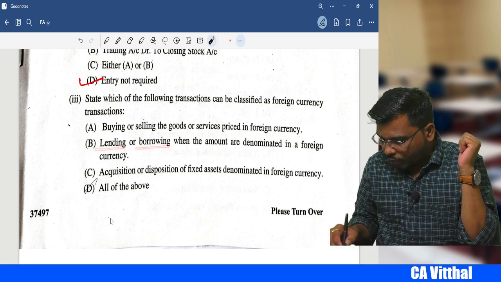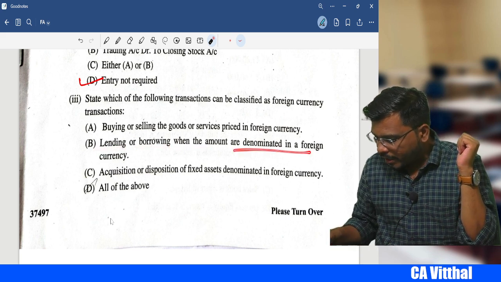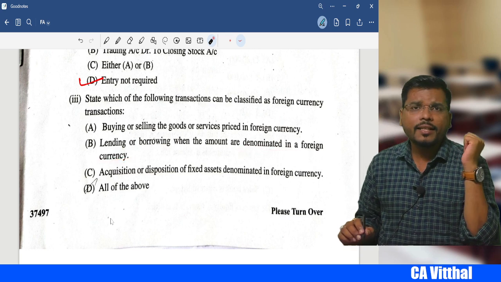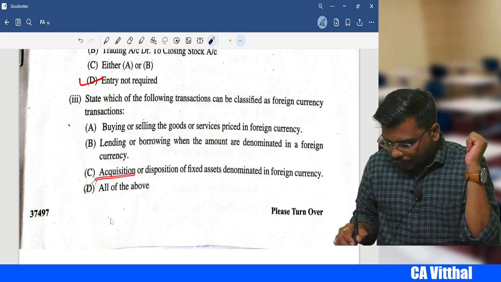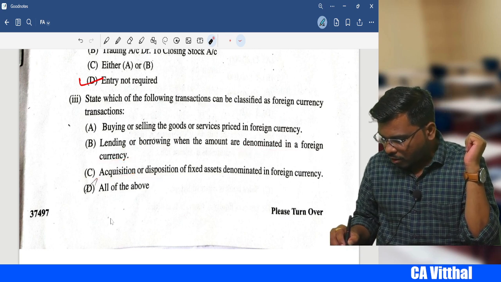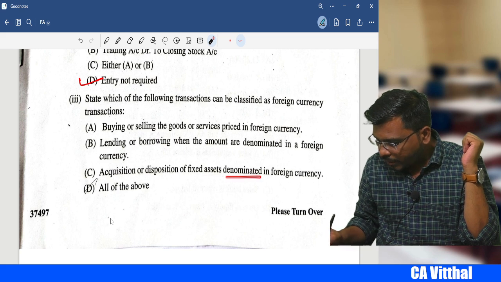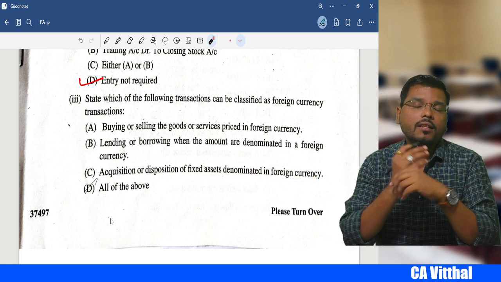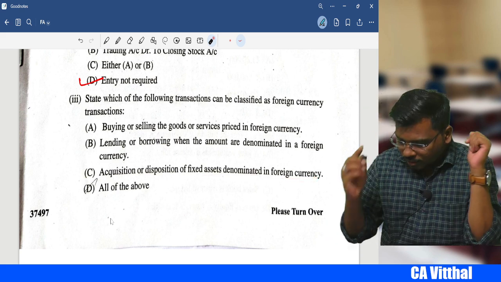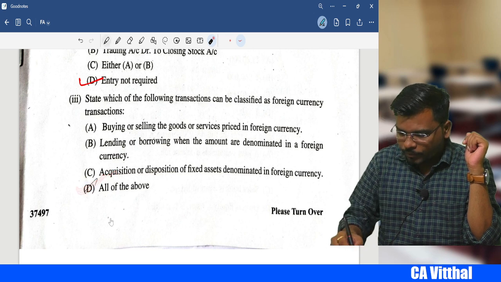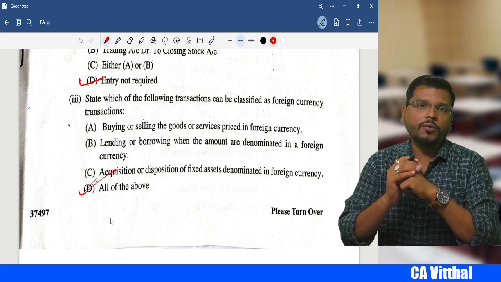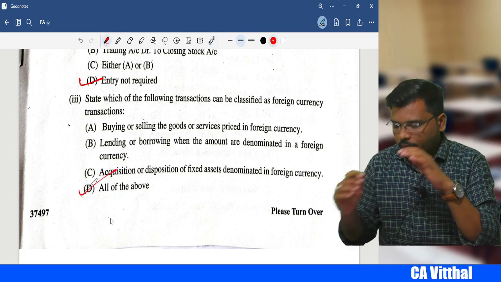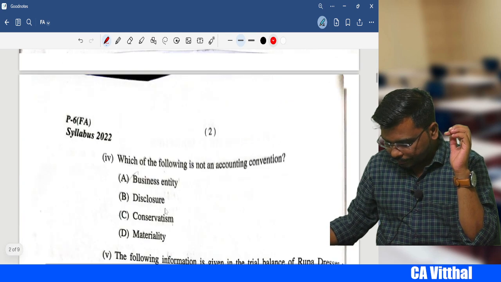Lending or borrowing where amounts are denominated in foreign currency, yes, is a foreign currency transaction. Acquisition or disposal of a fixed asset denominated in foreign currency is also a foreign currency transaction. So my dear students, all of the above. The answer will be all of the above, right? Is that clear? Okay, let's come to the next one.